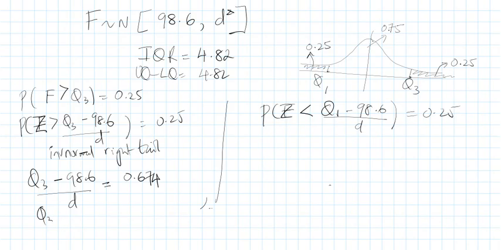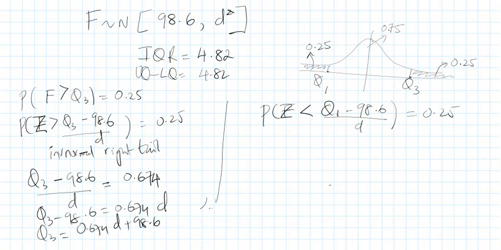That will give me, if I simplify, 0.674 D. And that would be Q3 equal to 0.674 D plus 98.6. That's a statement with Q3. So we found Q3 in terms of D basically.